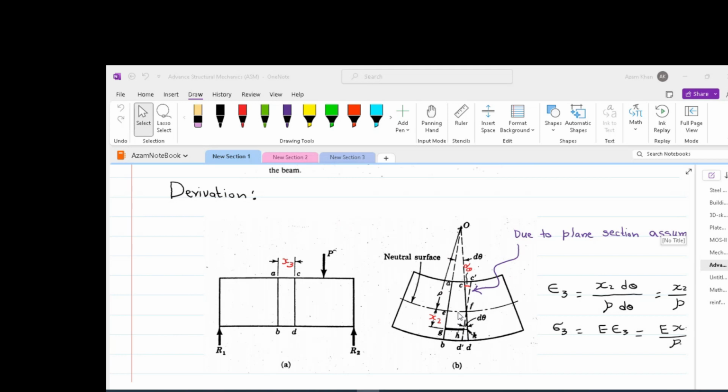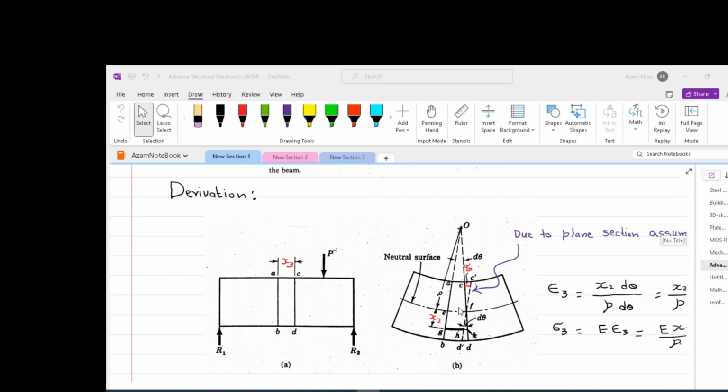Imagine we are interested in finding the extension of a fiber located at a distance x2 from the neutral axis. So we draw a line C prime D prime, which is parallel to AB, and we consider OD as a transversal between the two parallel lines AB and C prime D prime.